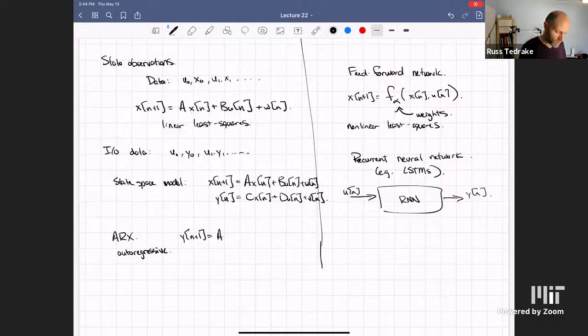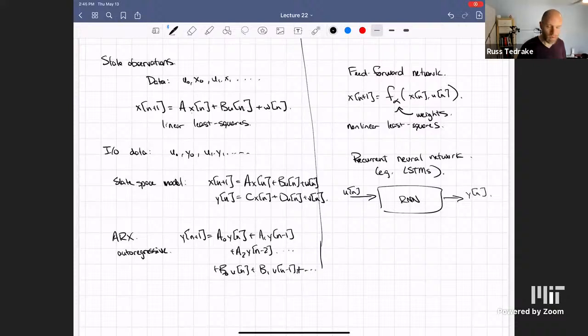I can choose to write y as just a linear combination of the recent observations and the recent actions. And that's some finite set of history there.